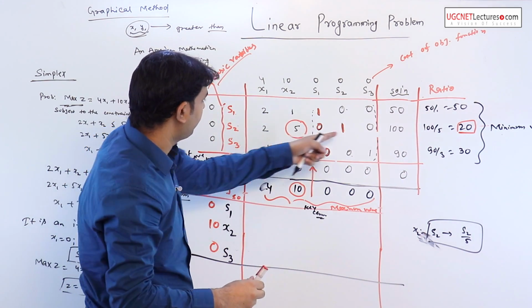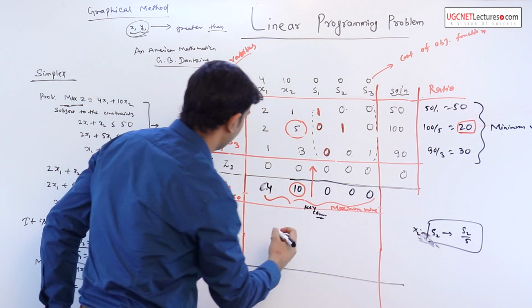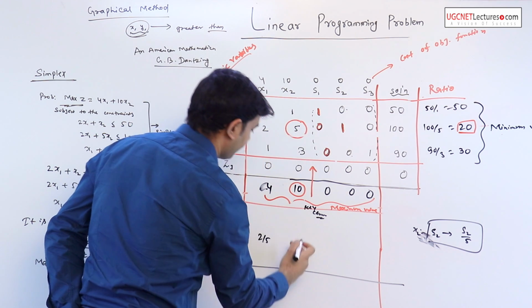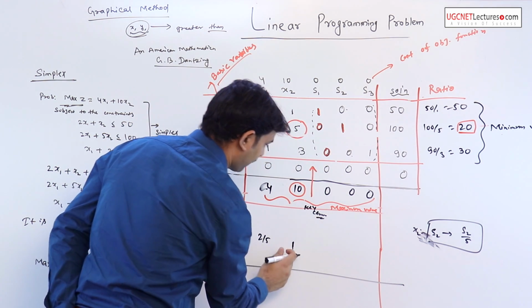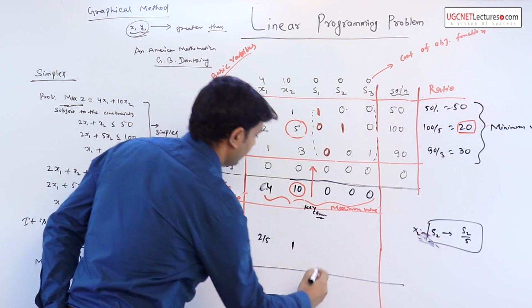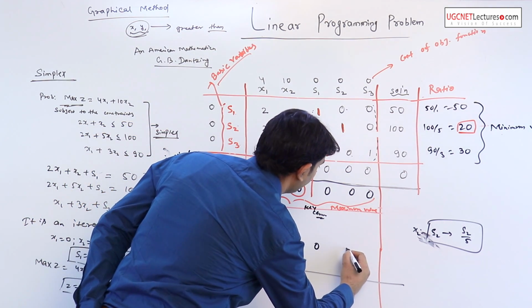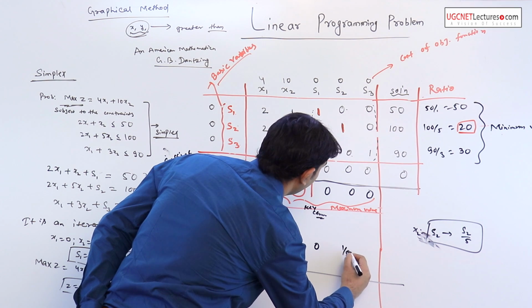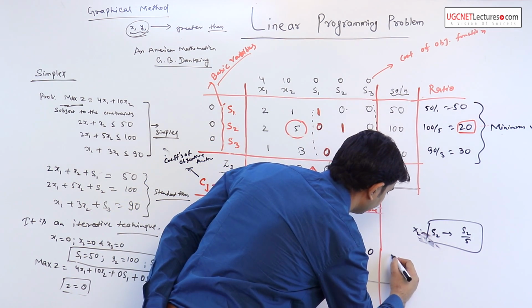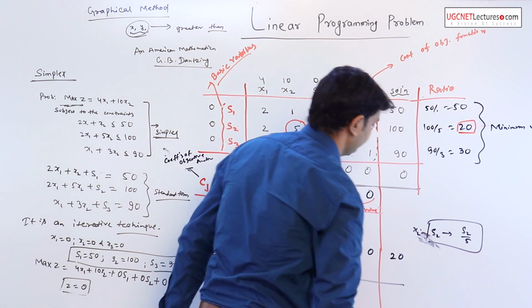So we divide by 5, this is 2 by 5 and 5 divided by 5 is 1. This is our purpose here to put 1, that's why we divide by 5, and it is 0 and here 1 by 5, here 0 and 100 by 5 is equal to 20.